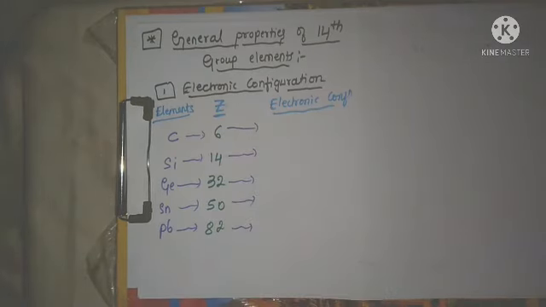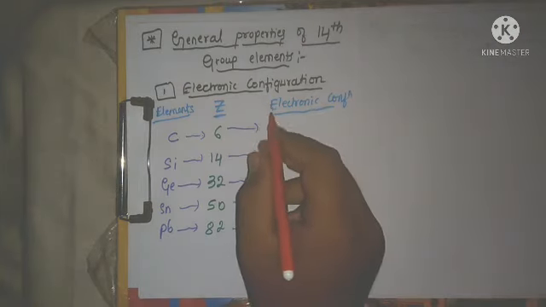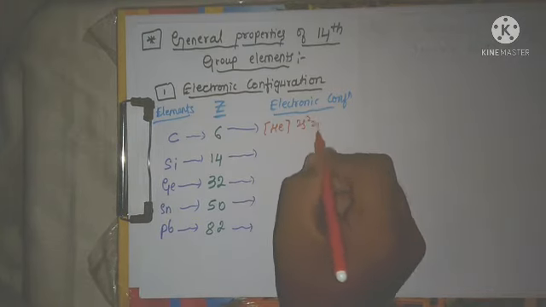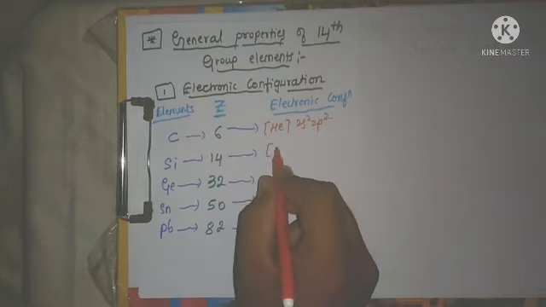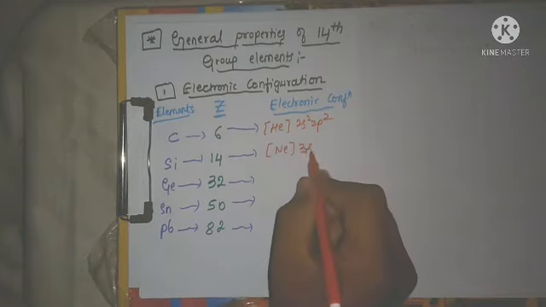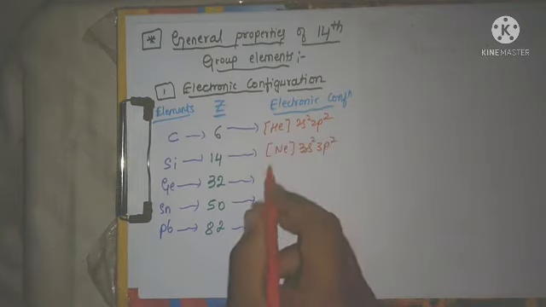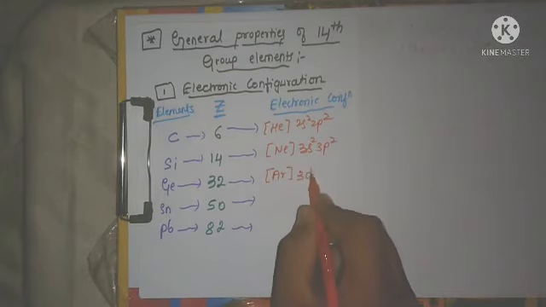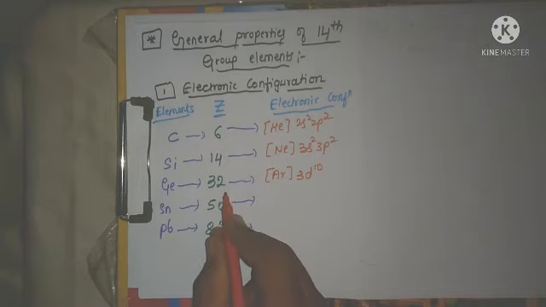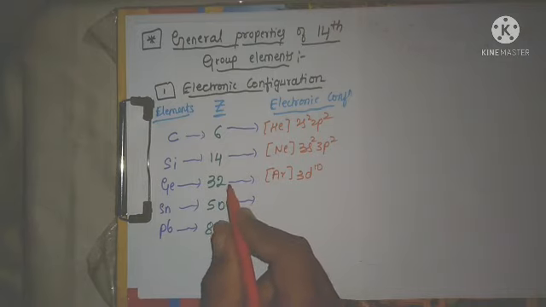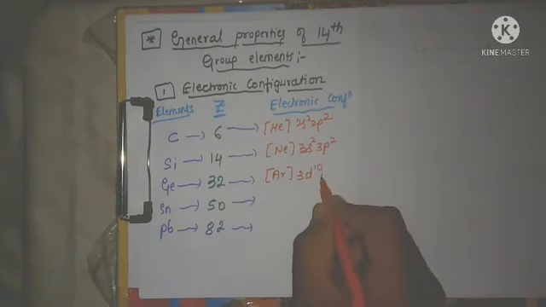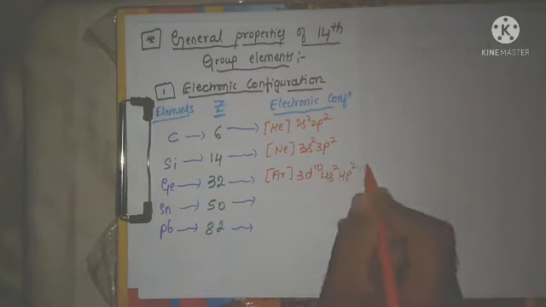The electronic configuration of carbon, as you already know, is helium 2s2 2p2, and of silicon is neon 3s2 3p2. Germanium is argon, that is 18, and it belongs to the fourth period, so d block elements are also coming, therefore argon 3d10 4s2 4p2.